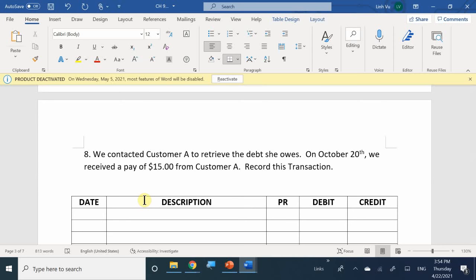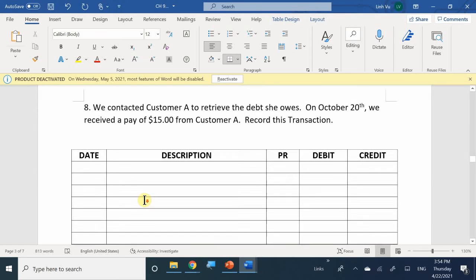Here, we bothered her so much that it is now October, and she decided to give in and say, okay, fine, I'll give you $15. So we squeezed another $15 out of this customer. So how do we record this payment?